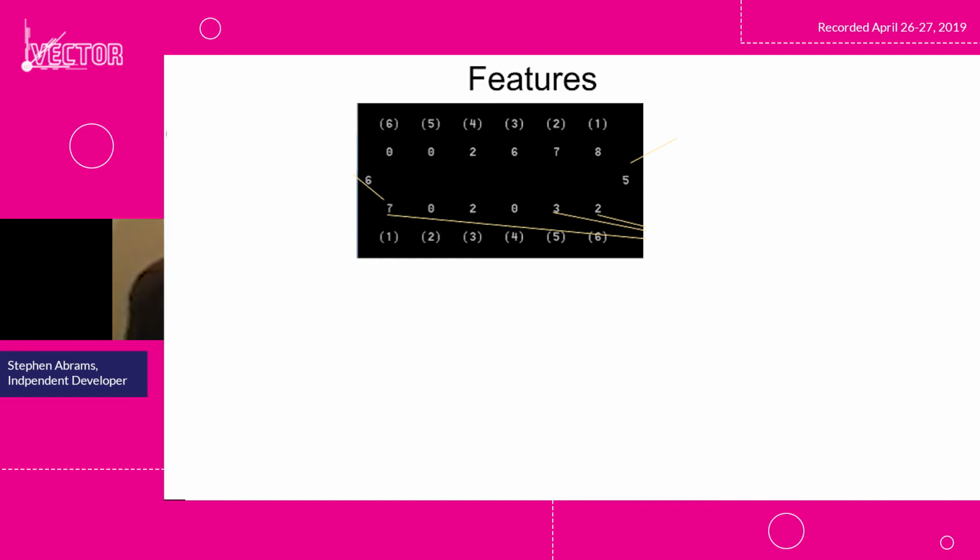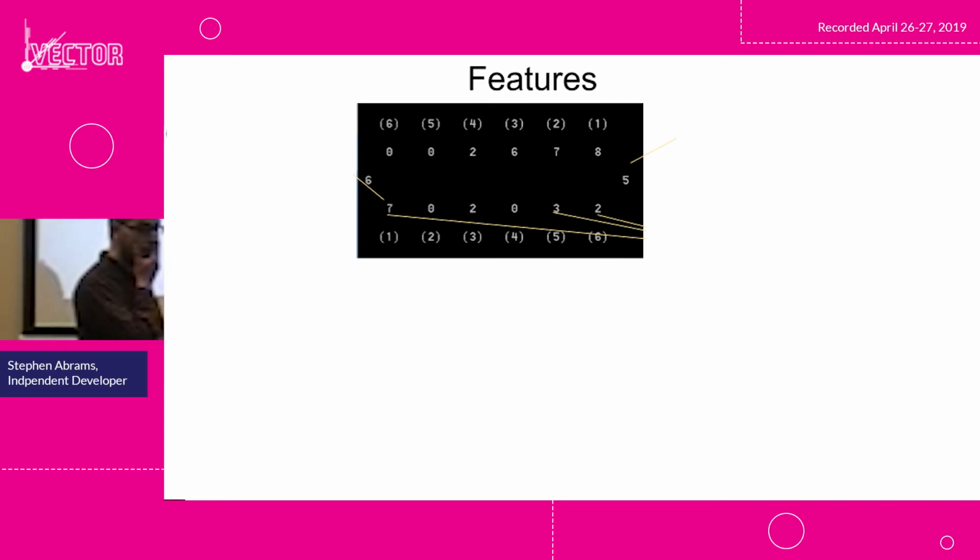But what features are important? If you're just looking at the mancala board here and trying to think about what move am I going to make next, what kind of things would you consider in making your decision here? There's one obvious one. State of the buckets. State of the bucket, sure.